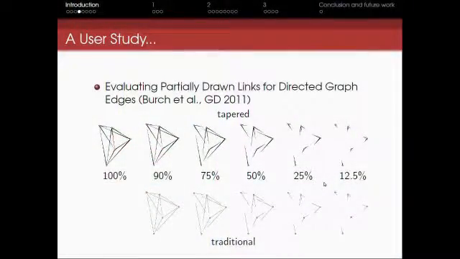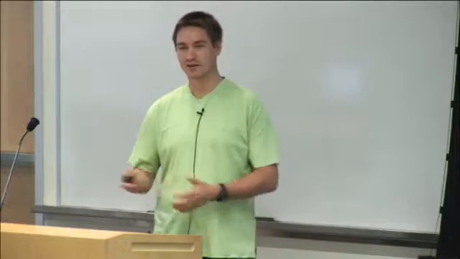The motivation for this is a talk from last year given by Bruckdorfer et al. He evaluated partially drawn links for directed graph edges and considered two layouts for edges, the tapered and traditional drawings of edges, and considered variants of the length of these stubs.